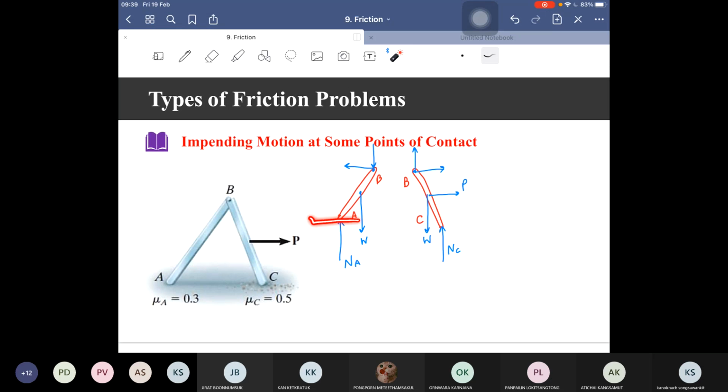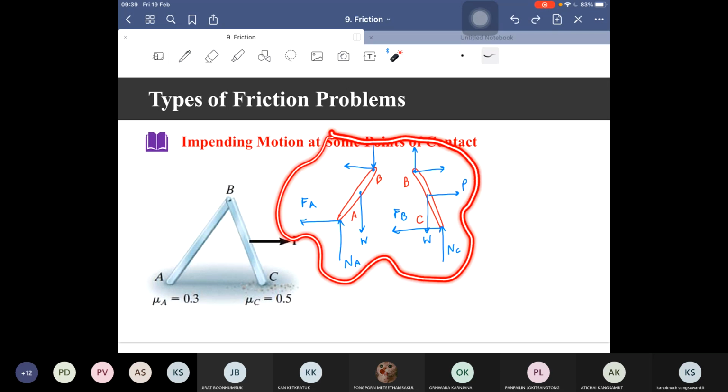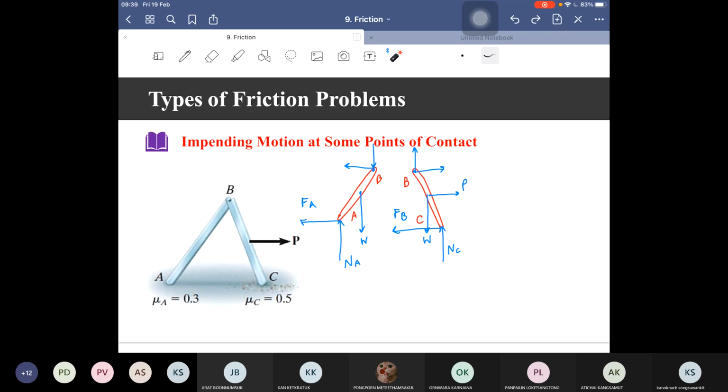Then the friction must act to the left-hand side for both bars. Okay, so after you have the free body diagram and the state of forces acting on it, you have to guess the situation.